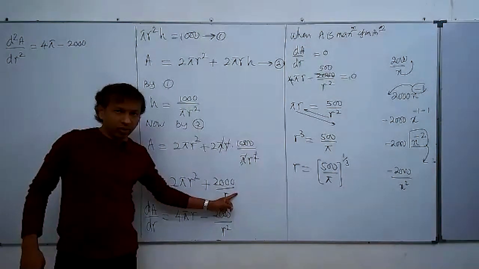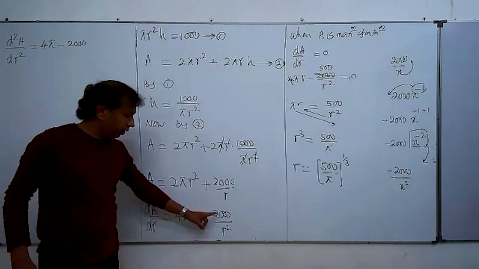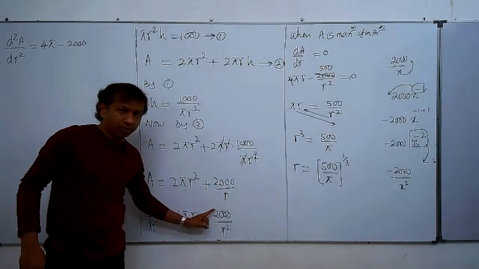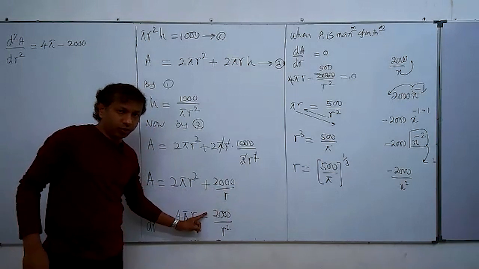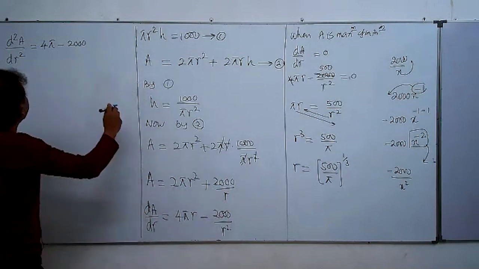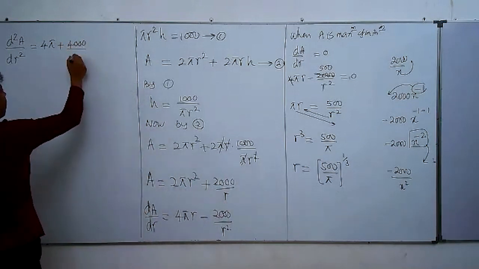That R to the power minus 3, when you take it to the denominator, is R to the power plus 3. Then this 2000 should be multiplied by minus 2. With this minus sign, minus times minus 2 into 2000 is plus 4000, divided by R cube.